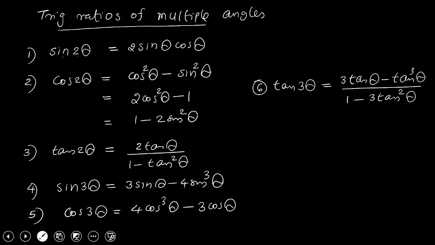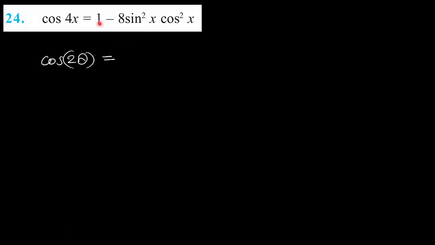So I think this third formula is appropriate. Let us try that formula. We studied that cos 2 theta is 1 minus 2 sine square theta. We studied this formula. Is it okay?